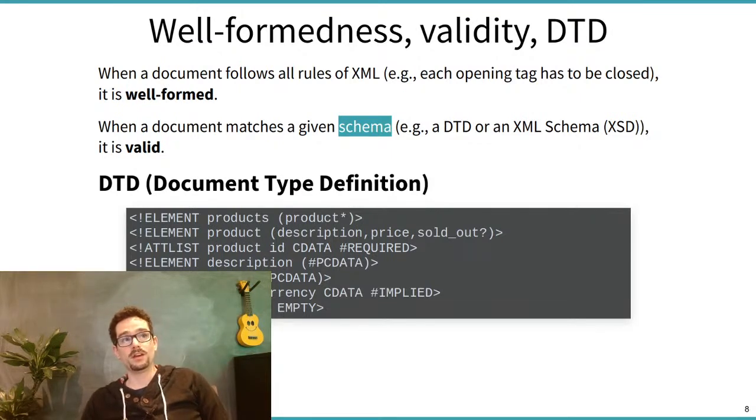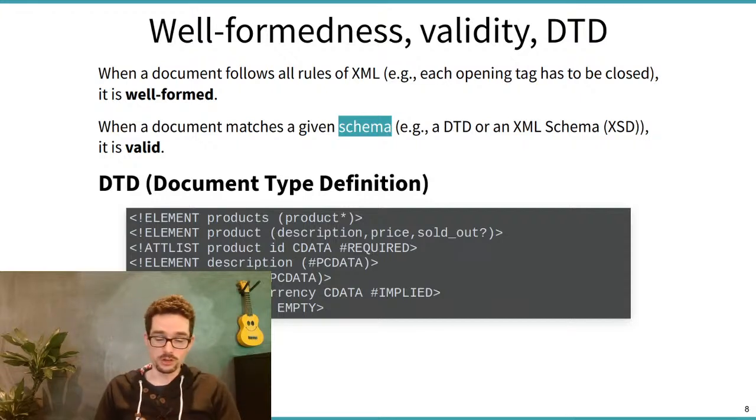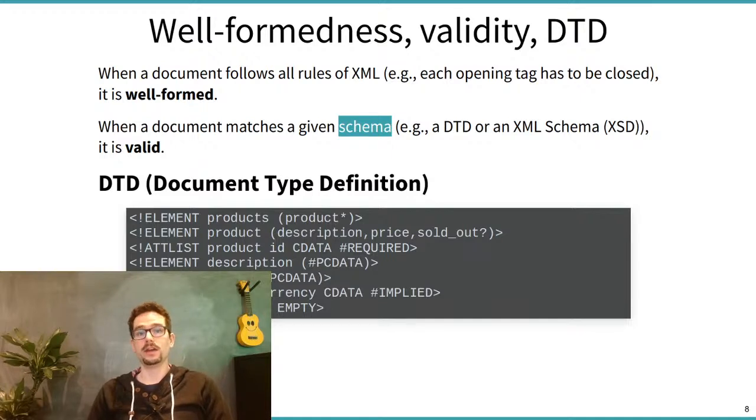That's why in XML and also in JSON, people introduced schema languages. This is a language where you can describe how an XML or JSON document should look like. And then you can ask of an XML document, does it match that schema? Yes or no?